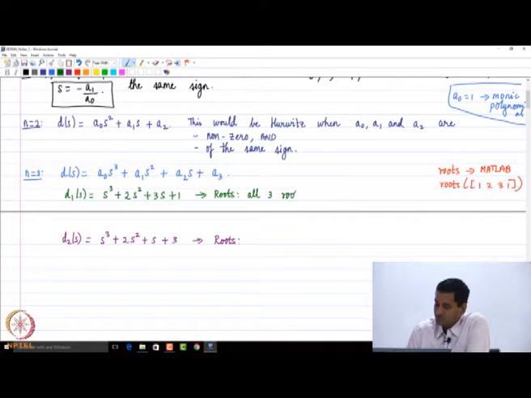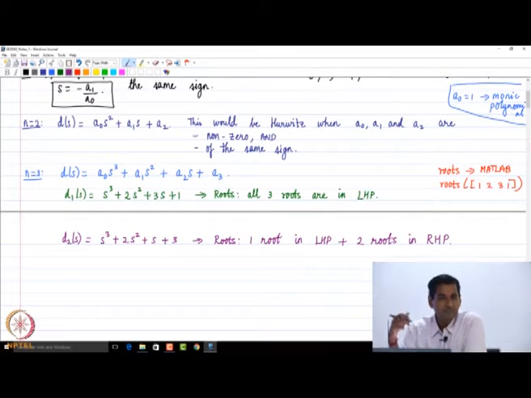All 3 roots are in the LHP, the left of complex plane, in the first polynomial, while here, 1 root is in the LHP and 2 roots are in the RHP.